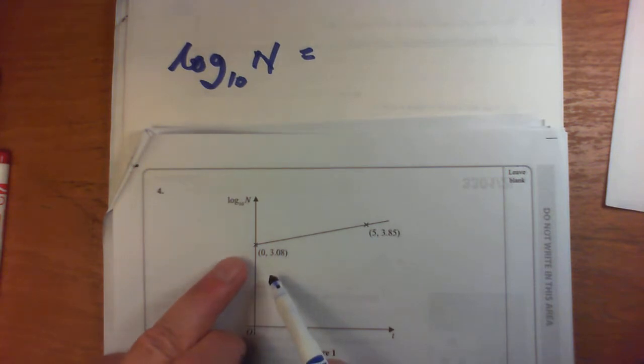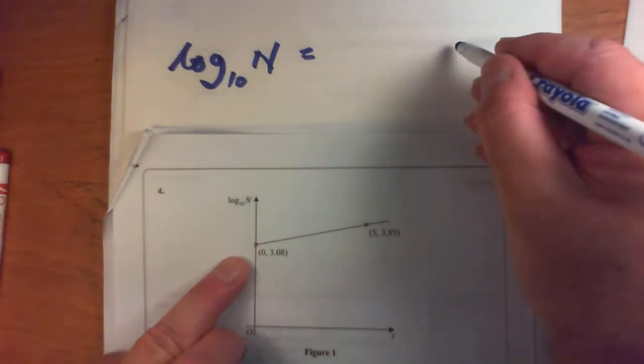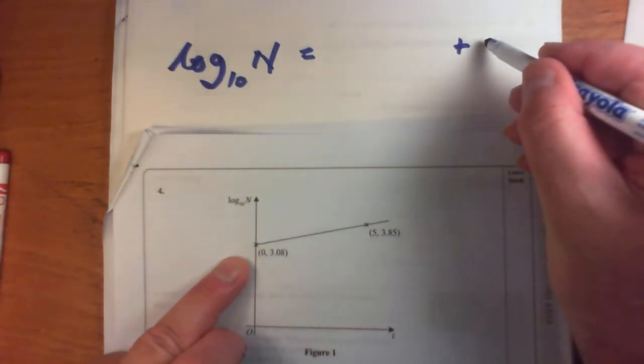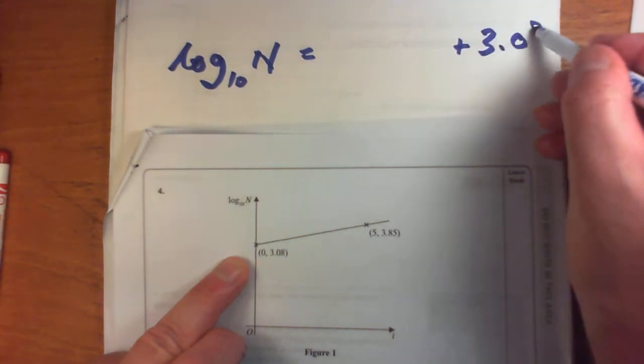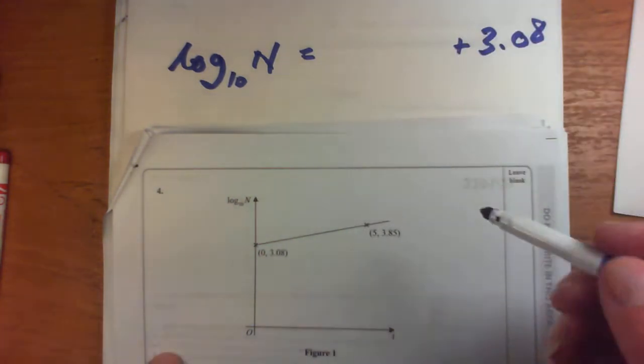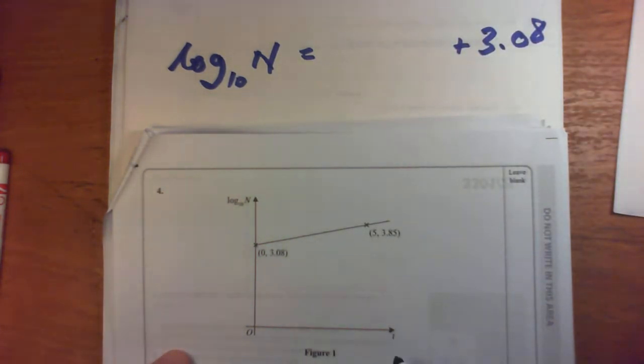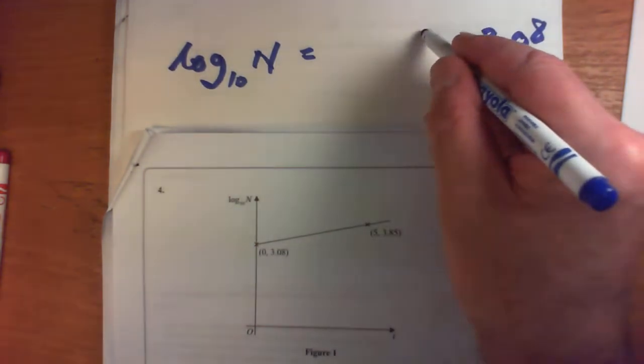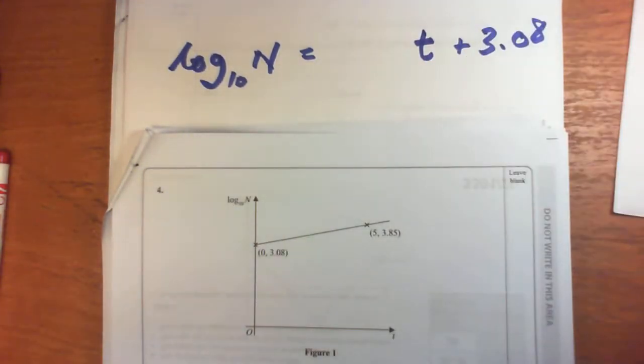You can see where it intersects the graph. So that's plus 3.08. That's the y intercept. Now you just need the gradient. It's t on the horizontal axis, so you need to stick in the gradient there.